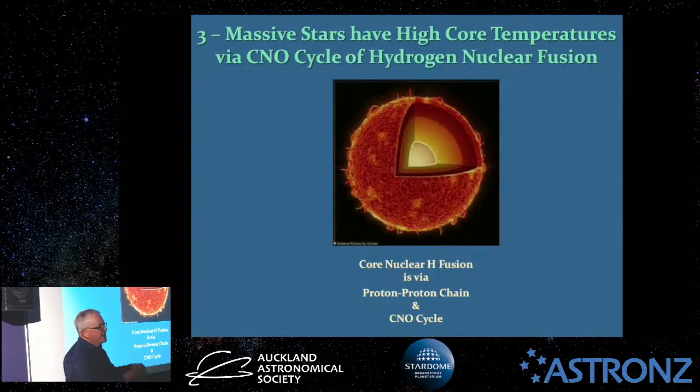And the other one is the CNO cycle, whereby carbon, nitrogen, oxygen are used as catalysts. So they go into the equation, they come back out again as carbon, nitrogen, oxygen, but it's able to convert hydrogen nuclei into helium.